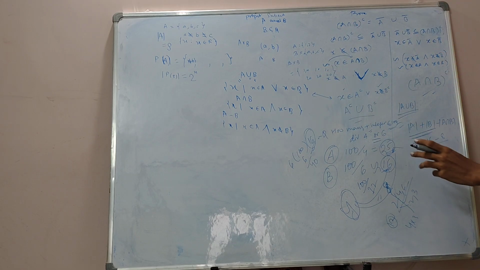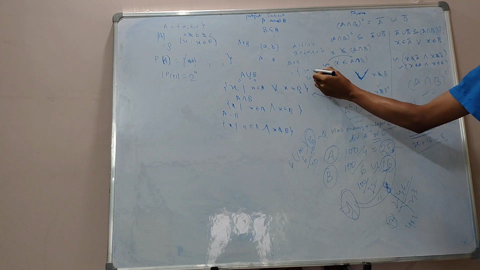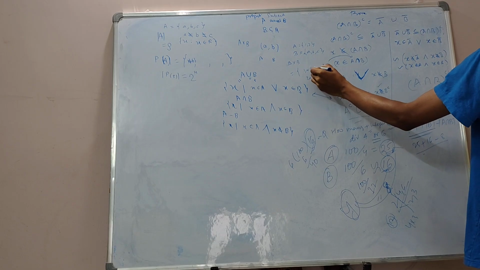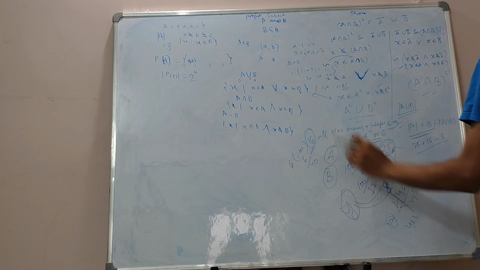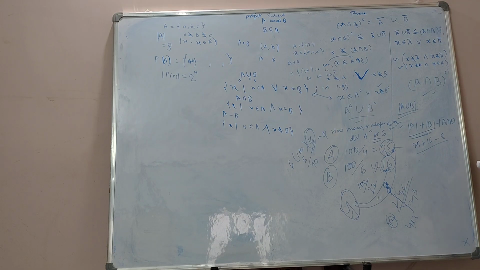So what is a relation? It is saying any subset of the Cartesian product of sets, right? So my subset is the relation, right?